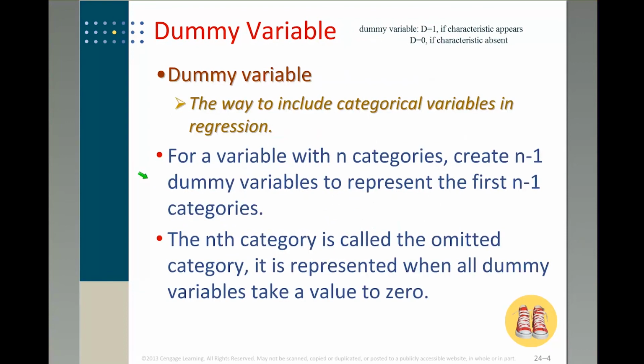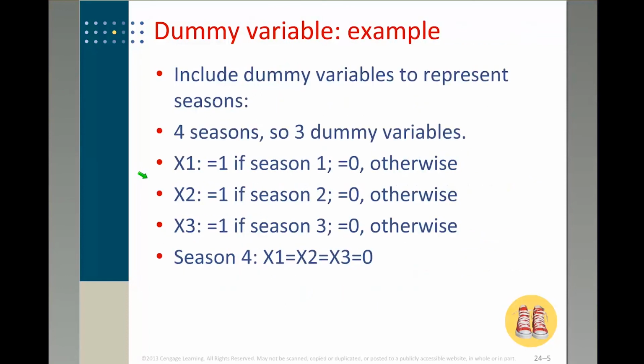It says for a variable with n categories, we create n-1 dummy variables to represent the first n-1 categories. Just as we did here, since we have 4 categories for this particular variable, seasonality, we have 4 seasons, so we're gonna create 3 dummy variables to represent the first 3 seasons.